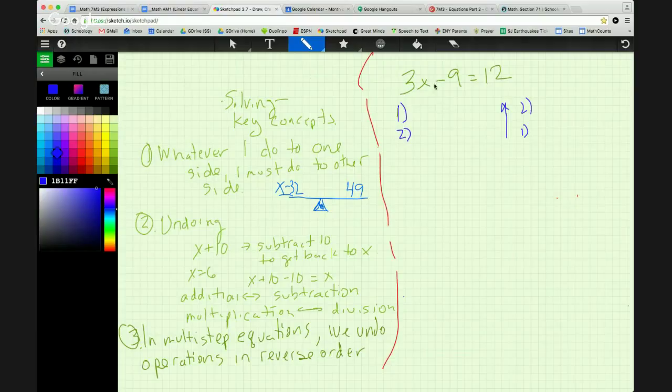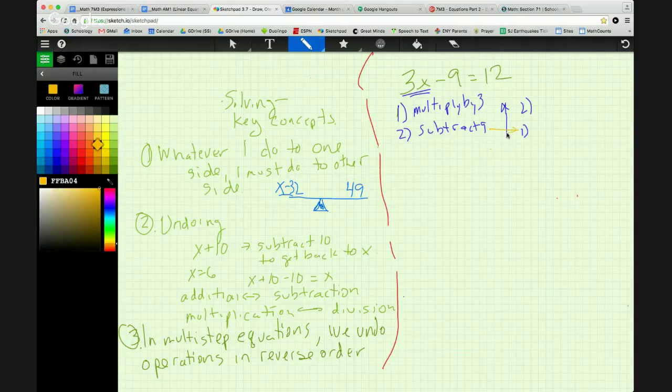Okay, the first thing that we did is we multiplied by 3. We did this first, and then the second thing is we subtract 9. So now I want you to think about what we do to undo these operations. Pause the video and fill out what you do to undo these operations.